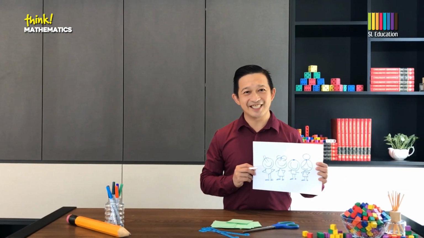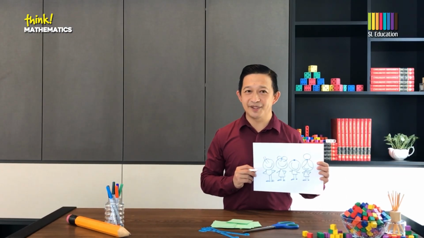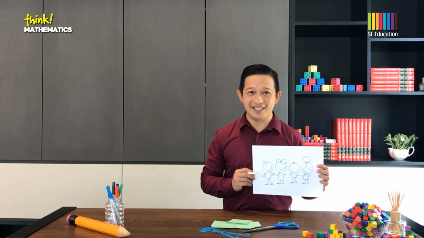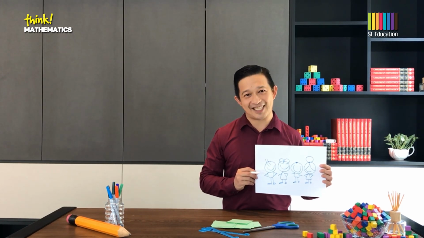Hello colleagues. In this video, I show one possible way to present an anchor task. After presenting the anchor task, let the children work among themselves in groups. Give them some time. Give them the freedom to explore.